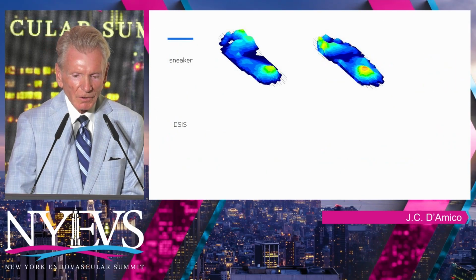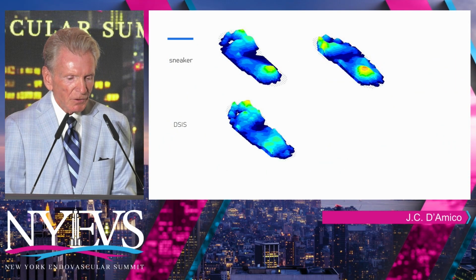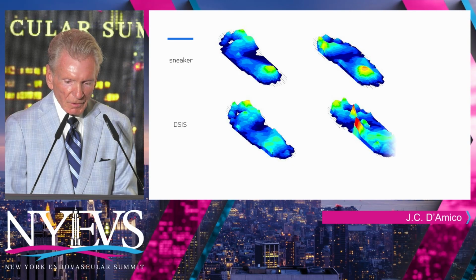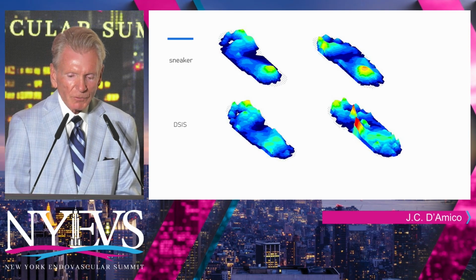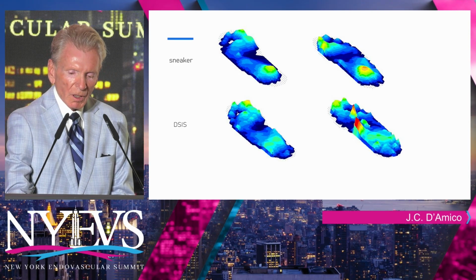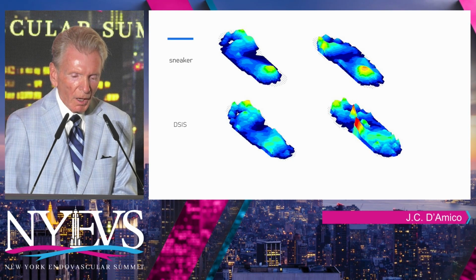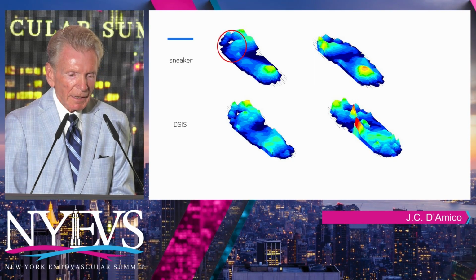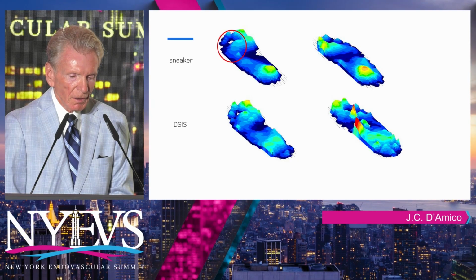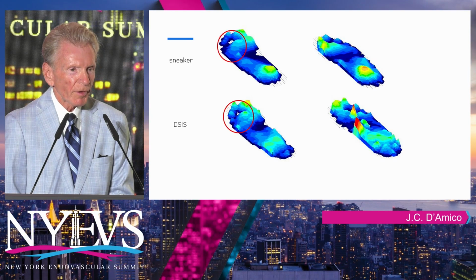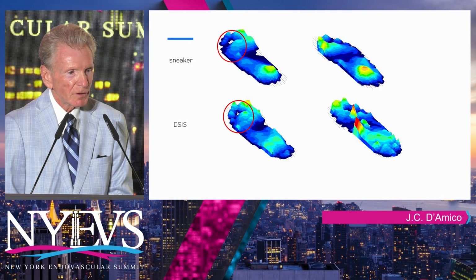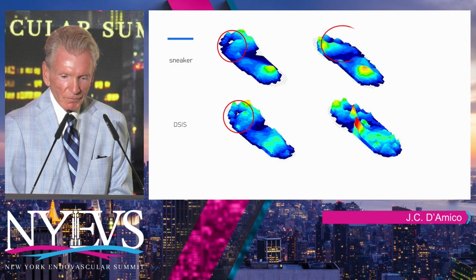So here's his sneaker, and here's his DSIS. And that's basically the ridge against the side of the shoe, of the medial arm of the orthotic. Here's the forefoot in the sneaker. Here's the forefoot with the orthotic. See the even distribution of pressure.